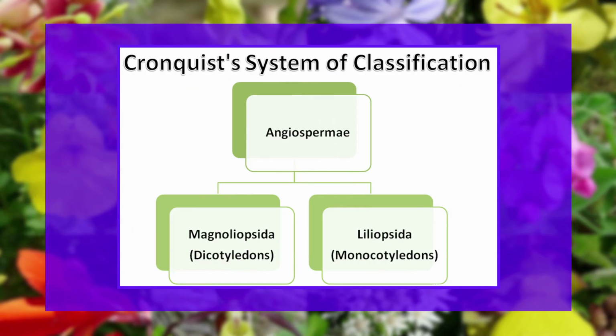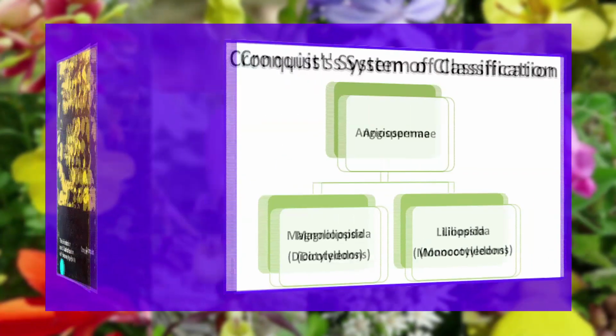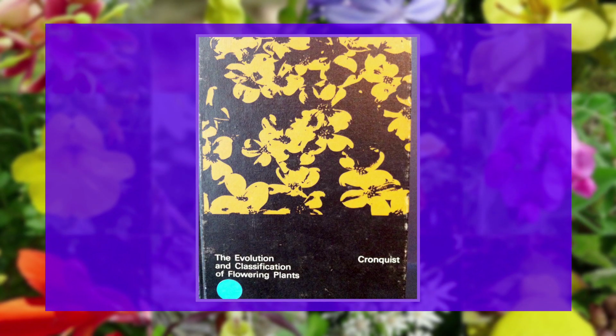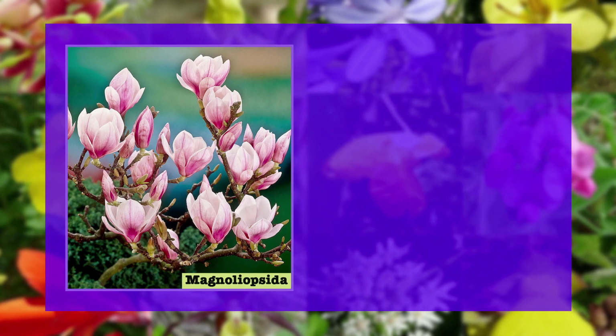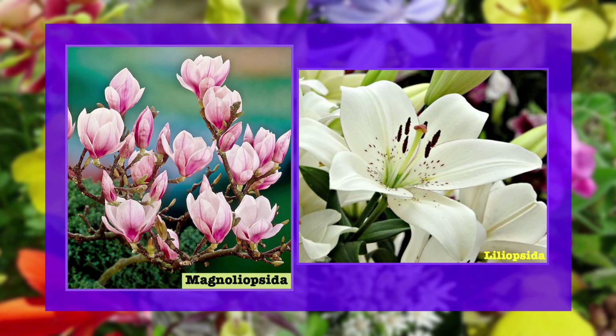The Cronquist system of classification was developed by Arthur Cronquist in a series of monographs and texts, including The Evolution and Classification of Flowering Plants, 2nd edition, and An Integrated System of Classification of Flowering Plants. The Cronquist system places flowering plants into two broad classes, Magnoliopsida, that is dicotyledons, and Liliopsida, that is monocotyledons.